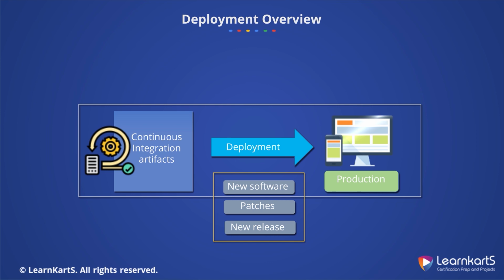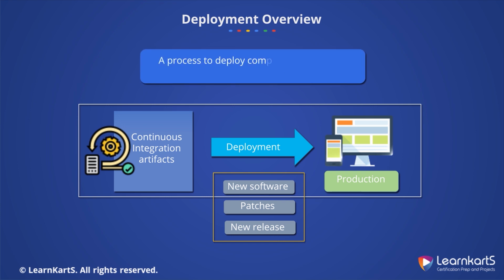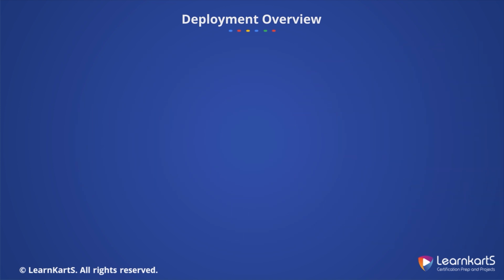Deployment helps us have our application source code compiled and generated in the form of artifacts, and then deployed into one environment or multiple environments.